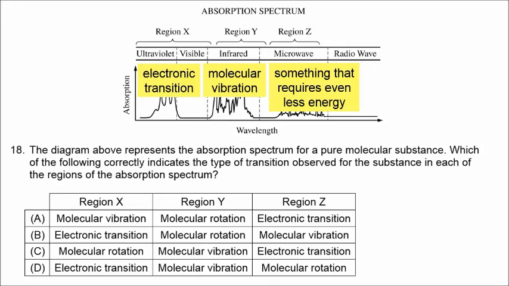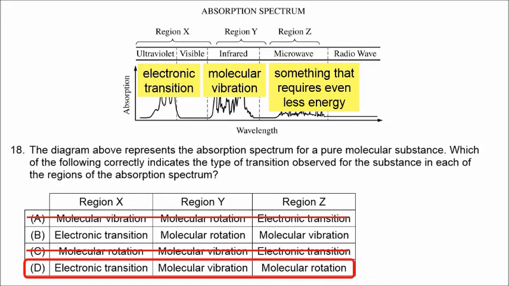So because electronic transition has to be region X, we know that the correct answer is either B or D. Because molecular vibration has to be region Y, the correct answer is D. And apparently it takes even less energy just to simply rotate a molecule in space than it does to stretch or vibrate those bonds. Okay, correct answer is D.